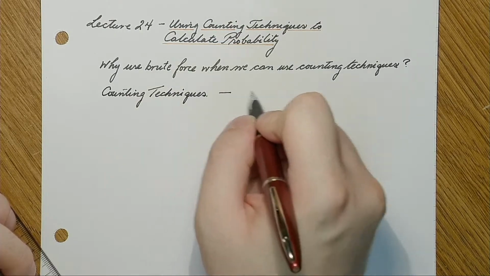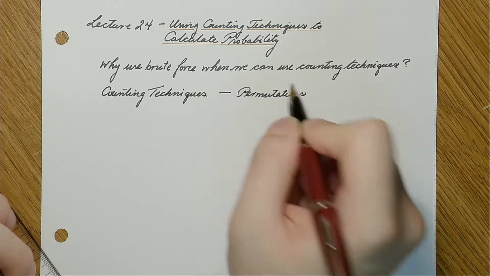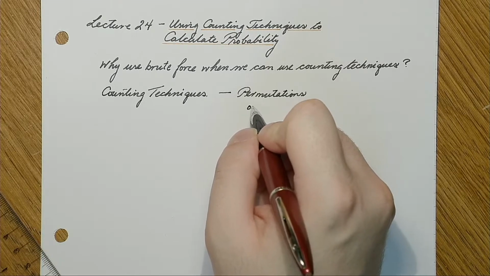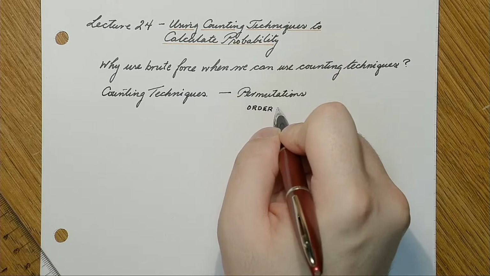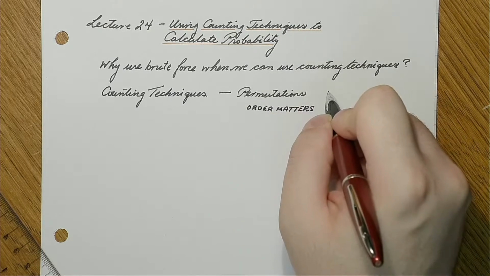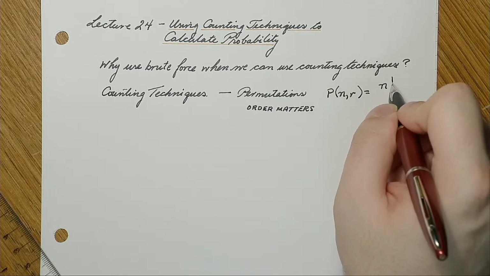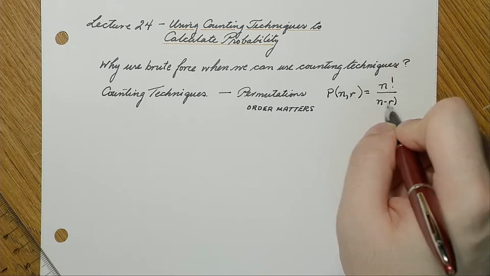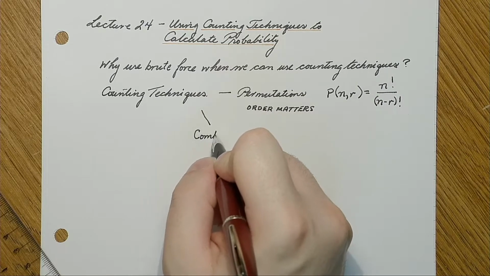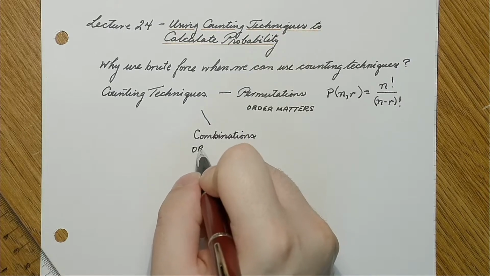Just as a refresher, we had permutations. Those are arrangements where the order matters. So we would have n permute r, which you can write as n factorial over n minus r factorial. The other one that we have is combinations, and that's where order does not matter.